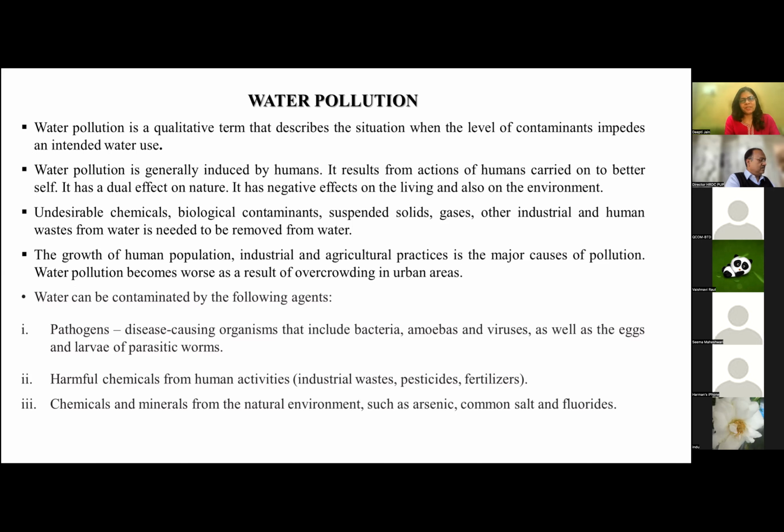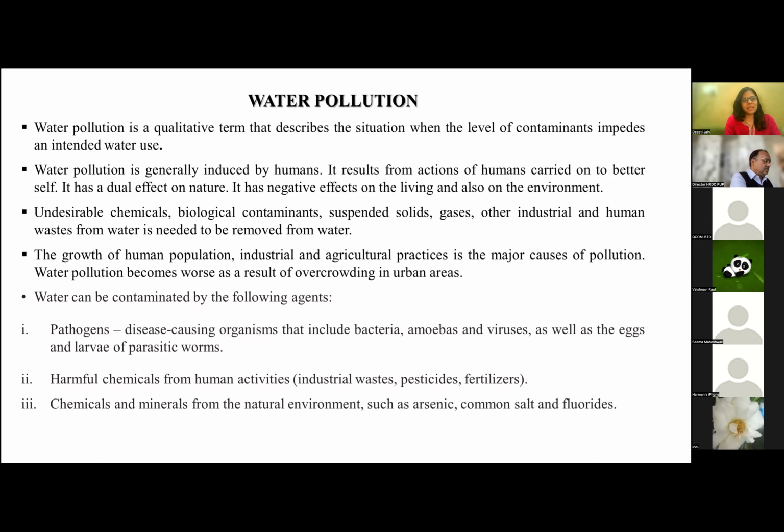When population is high, we need more resources to meet the requirements of this population. And to meet their requirements, sometimes we may use some wrong resources, and because of that, these pollutants are entering our daily life.